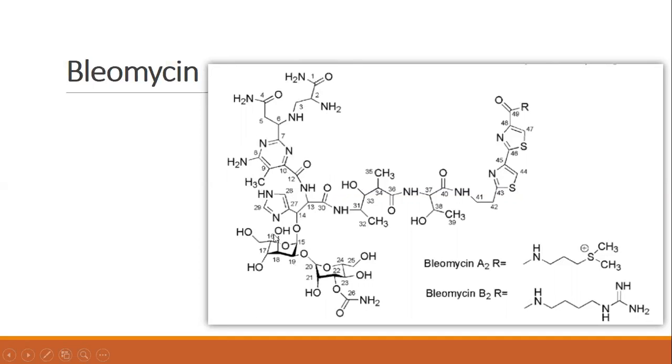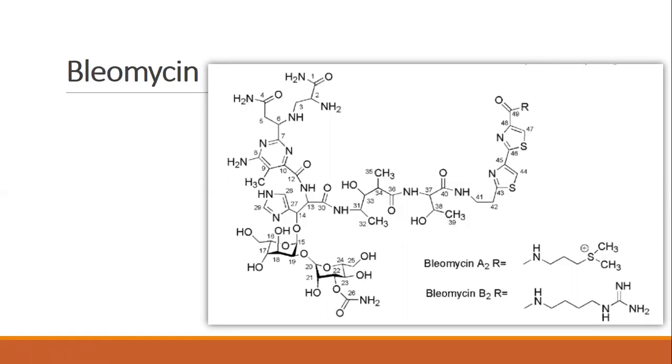This is the sugar moiety, and these are the thiazole heterocycles. So various amide linkages, sugar moiety, thiazole, imidazole, and pyrimidine nuclei form the bleomycin antibiotic.